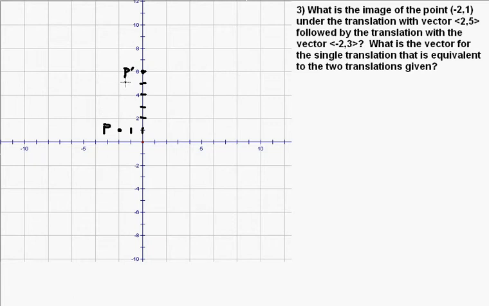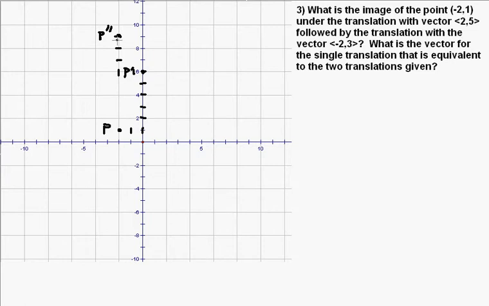And then they said we're going to follow that by the translation with (-2, 3). So now we're 2 places to the left, 1, 2, and then we're going 3 up, 1, 2, 3. We'll call this P double prime.